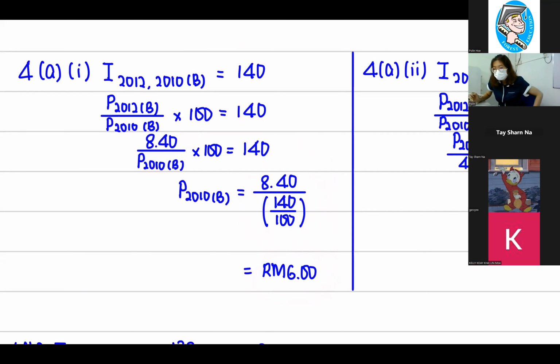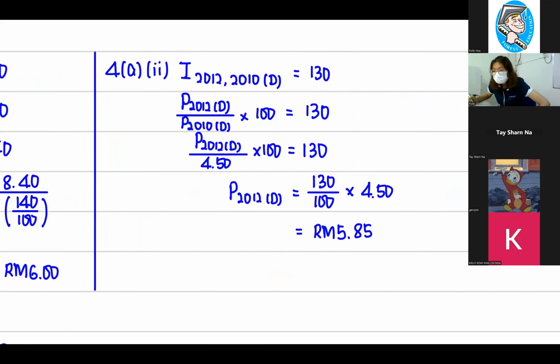再来 find the price of item for A part 2. Find the price of item D in 2012. This is what I want, if its price in 2010 is 4 ringgit and 50 cents. From the table, you find this for teacher. 2012 based on 2010.